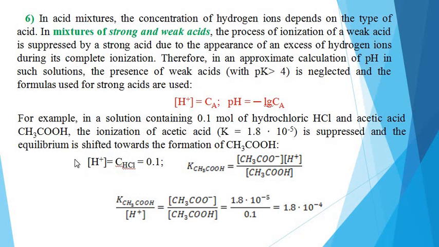The concentration of hydrogen is equal to the concentration of the strong acid, which is 0.1, and the constant of acidity of acetic acid is used, and from this equation we find 1.8 multiplied by 10 to the minus 8.